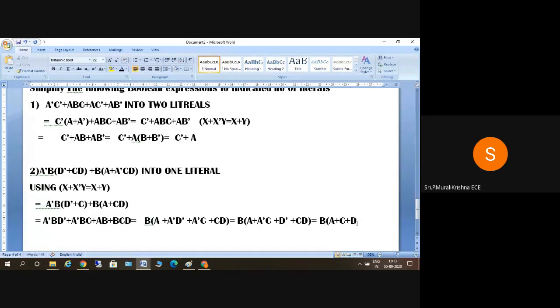Okay. So A plus C plus D bar plus CD. And here again I can check this. So D bar plus CD, what do we get? This can be written as x plus x bar y, where this is x, this is x bar and this is y.